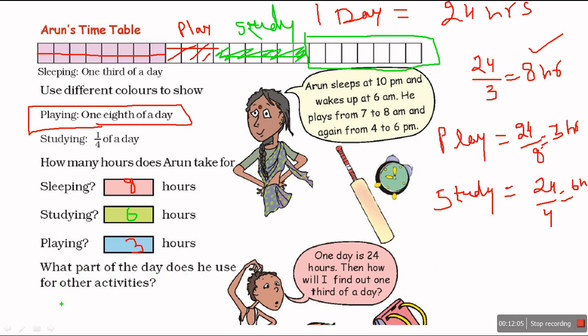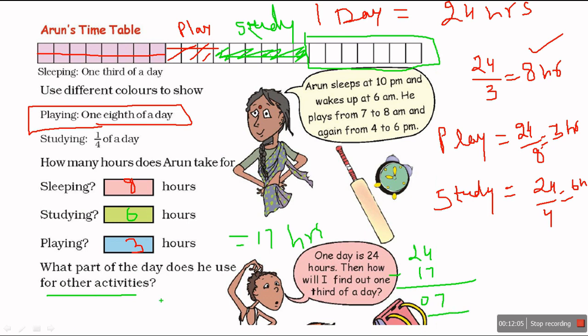What part of the day does he use for other activities? Let us see how many hours. 8 hours plus 6 hours, 14 hours plus 3, 17 hours. Total hours of activity 17 hours. How many hours are left? A day has 24 hours minus 17 hours. 14 minus 7 is 7.